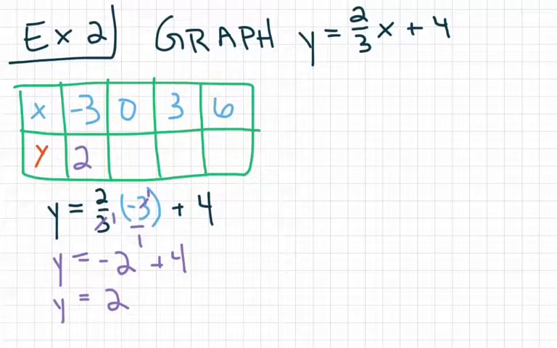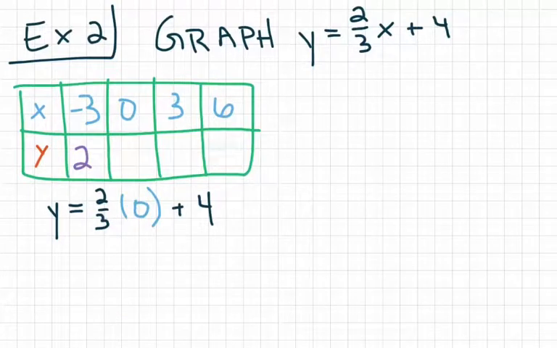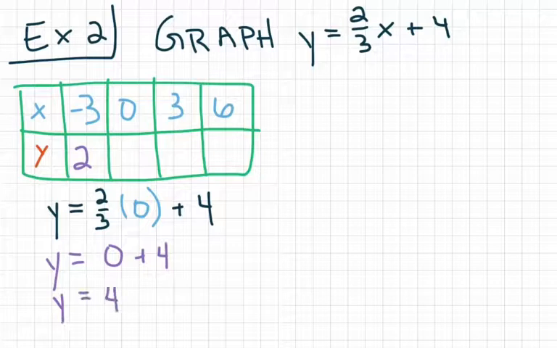Alright, next I'm going to substitute 0 in for x. So I substitute 0 in for x, and now again I'm doing the math. I have y equals 2/3 times 0. Anything times 0 is going to give us 0. Bring down the plus 4, and we get y equals 4. So when x equals 0, y is going to equal 4.